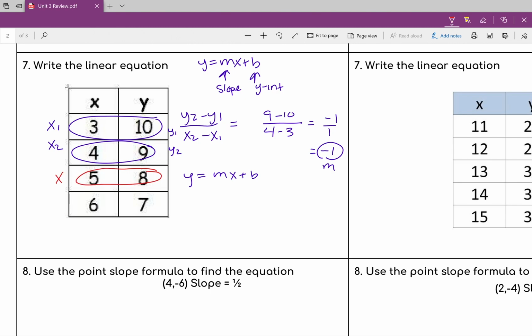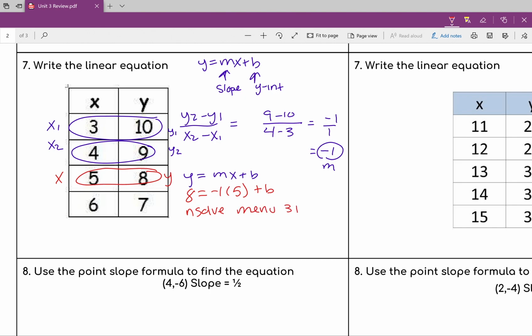This is going to be my x and this is going to be my y. So instead of y, I'm going to write 8 = -1 times 5 + b. Our goal here is to get b by itself. You could either get b by itself by solving for b, like a multi-step equation, or you can use nsolve on your calculator.